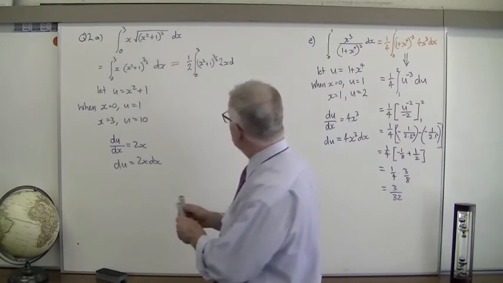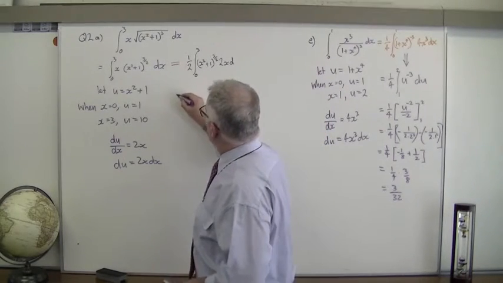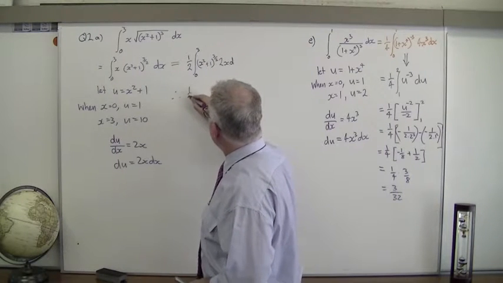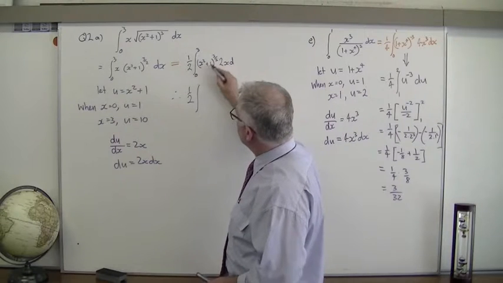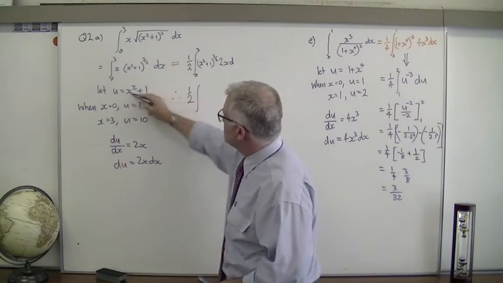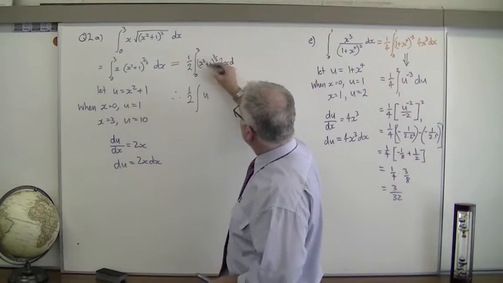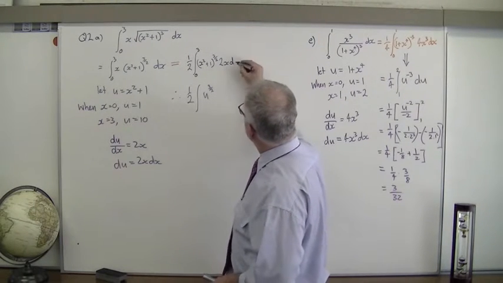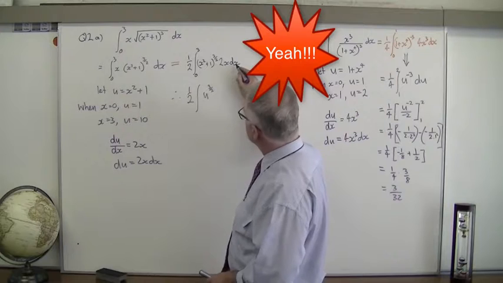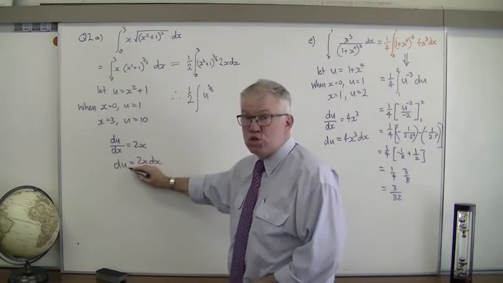Now we make the substitution. Therefore we're going to have a half, and this bit here, x squared plus 1, we know that's u, so that's u to the power of 3 on 2. And we know that 2x dx is what du is.